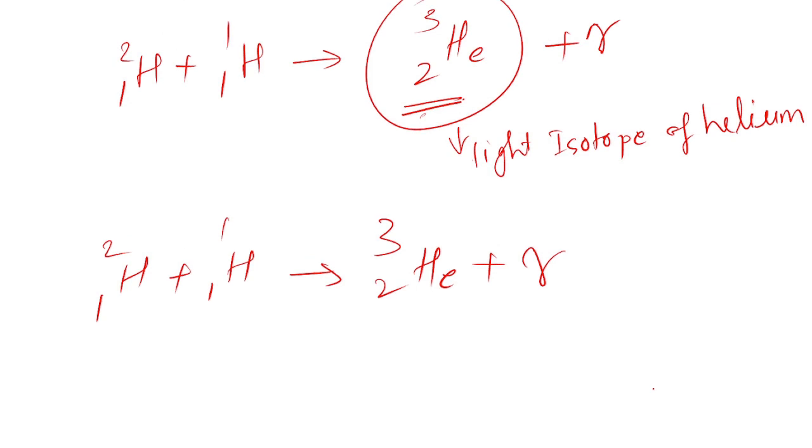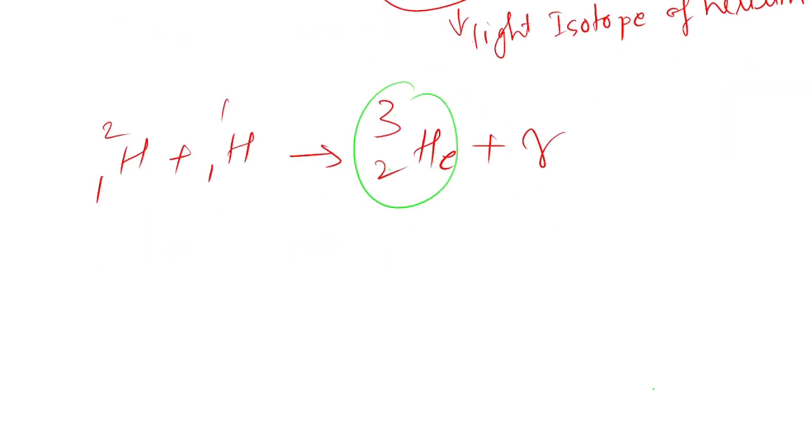Now what do we have at the end? We have two helium isotopes, one is 2He3 and another one is 2He3. They are present in the core of the star. Now they are very much ready to take part in the reaction.